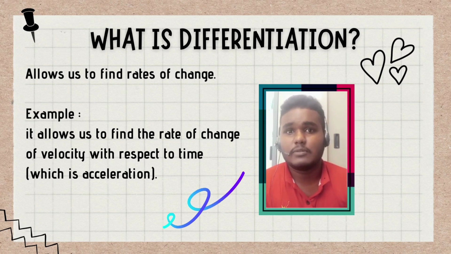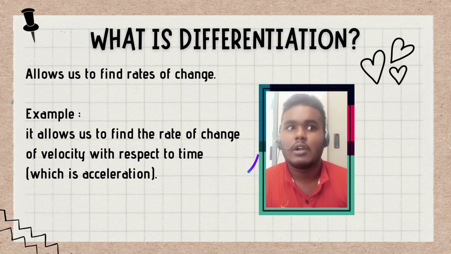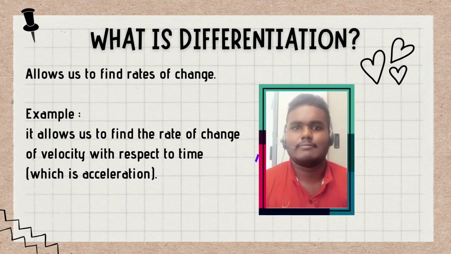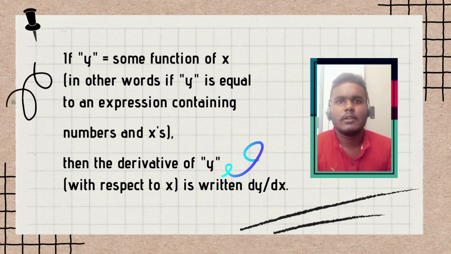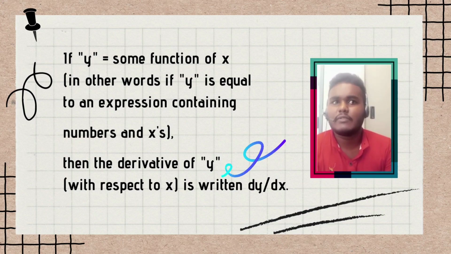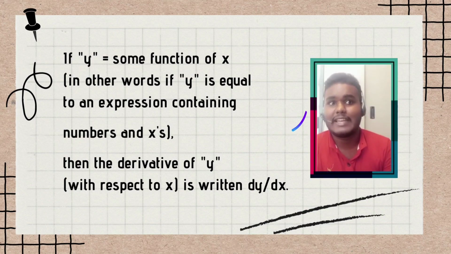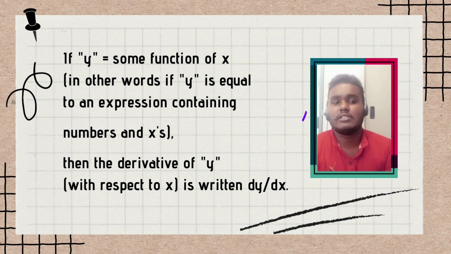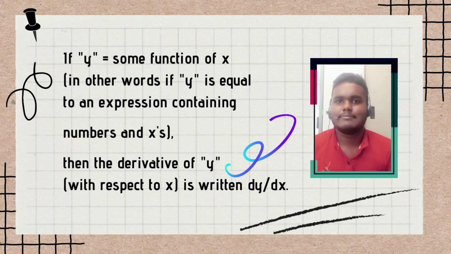There are a number of simple rules which can be followed to differentiate many functions easily. If y is equal to some function of x, in other words an expression containing numbers and x's, then the derivative of y with respect to x is written as dy/dx.